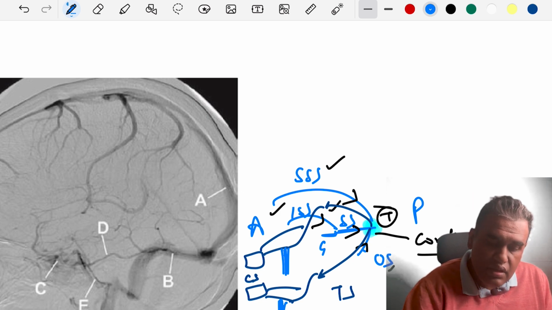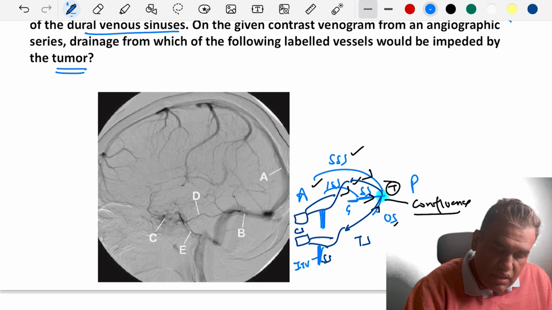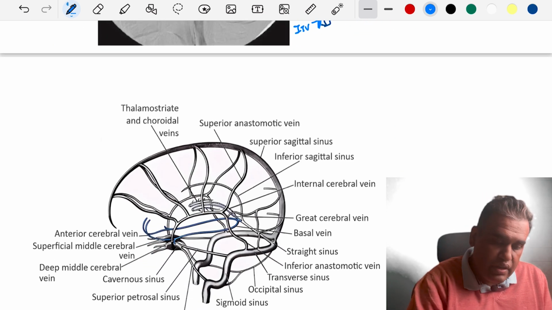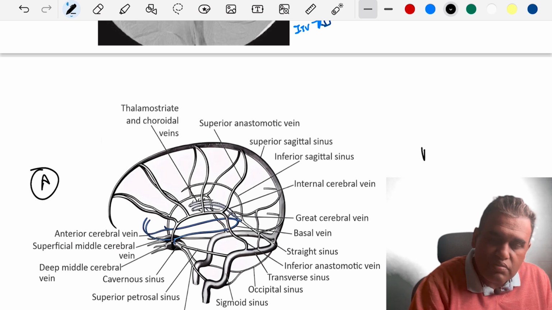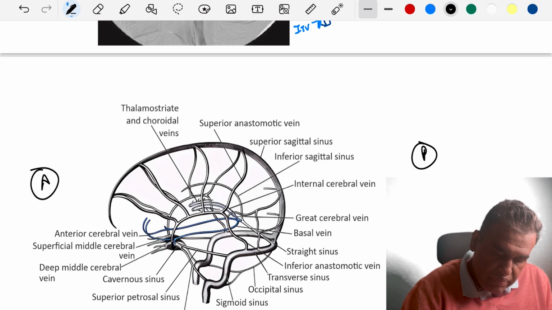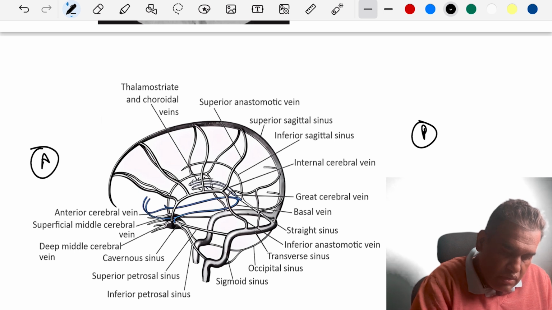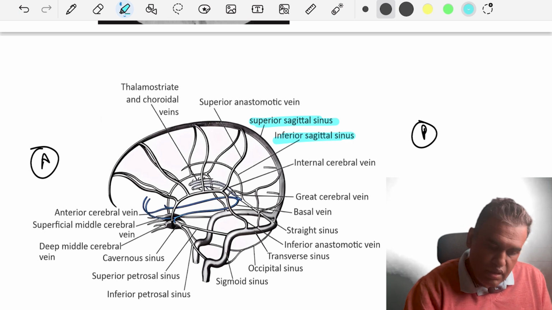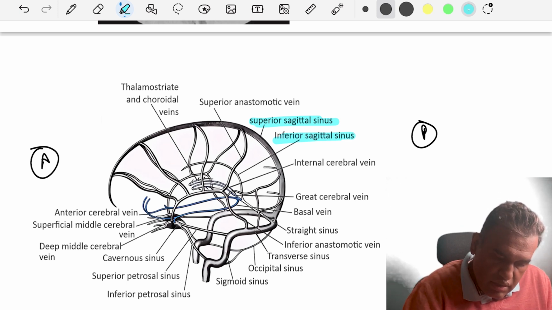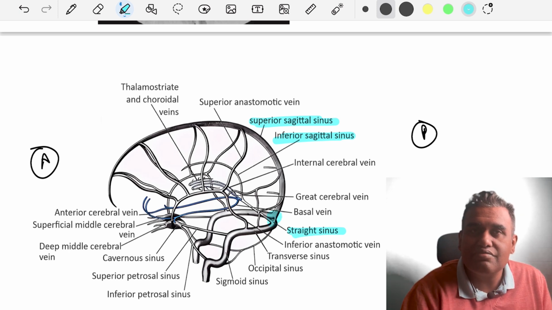You'll see it in the image. First, I look at the image, as that will be more beneficial for understanding this question. Now, focus on the areas which I am highlighting only. Look at the superior sagittal sinus, then the inferior sagittal sinus. They are present medially. Also look at the straight sinus, and they are meeting over here; the confluence is over here.